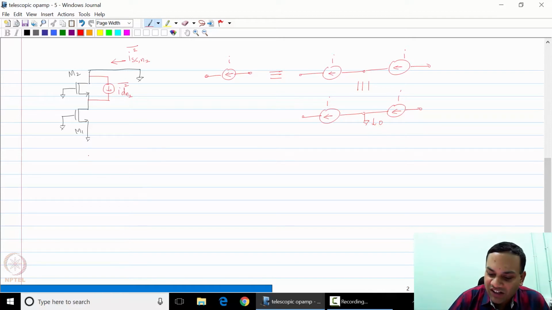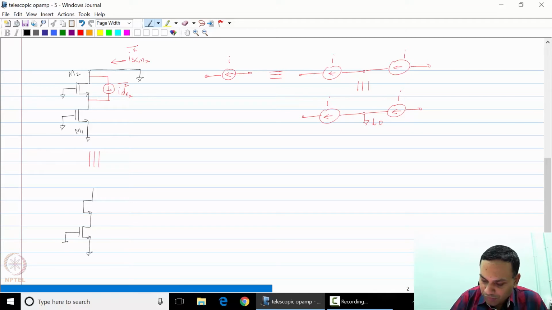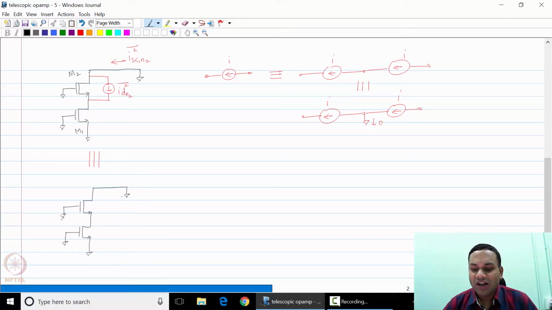We are going to do the same thing here. So we are going to change this circuit to the following. I'm going to show the two current sources in red and blue. We are going to split this current source.